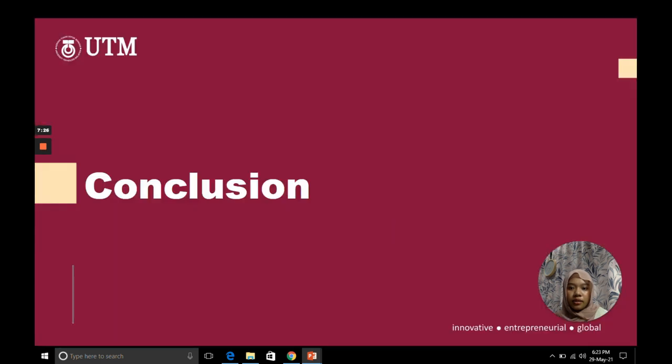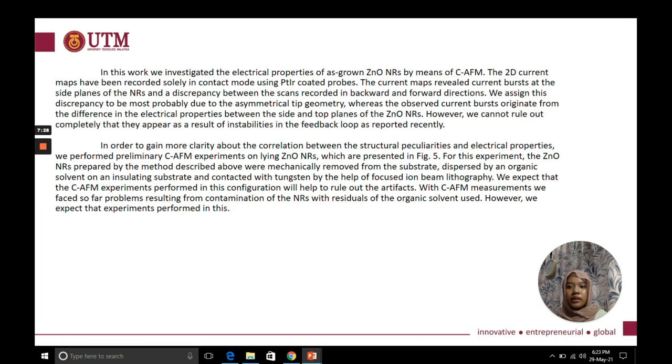Next, for conclusion, in this work we investigated the electrical properties of as-grown zinc oxide nanorods by means of CAFM. The 2D current maps have been recorded solely in contact mode using platinum iridium coated probes.